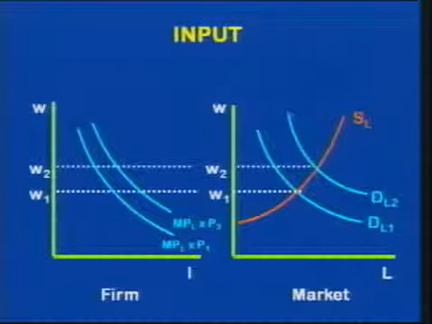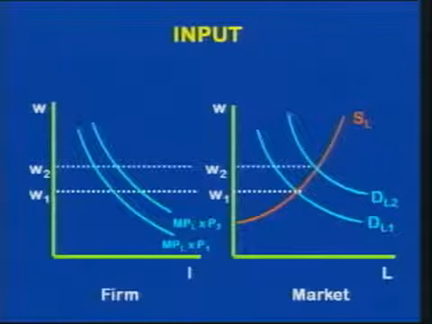Then, now each firm faces a new demand curve. Each firm experiences a new demand curve for the input, labor, because the price is higher. So now we've got marginal product times the original price. We move the demand curve up to represent the increase in the price.